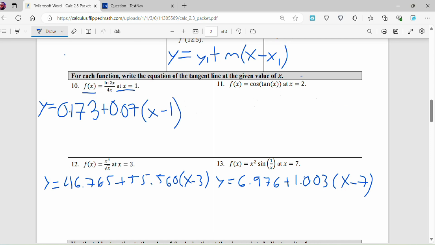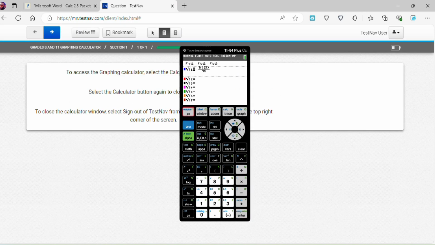That is how you do number 10 and how you do any tangent line question with the calculator. Next up, we have cosine of tangent of x. So we're going to clear that, and we're going to put cosine of tangent of x, parentheses, parentheses. Okay.